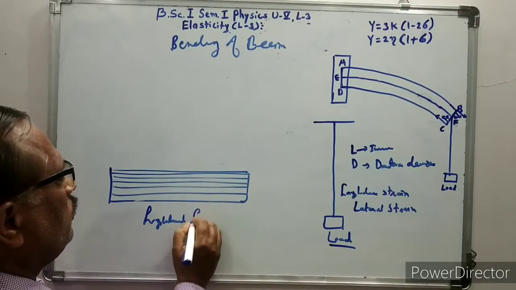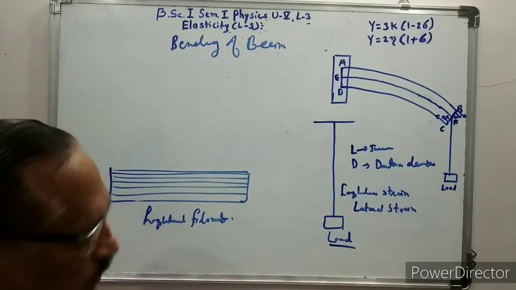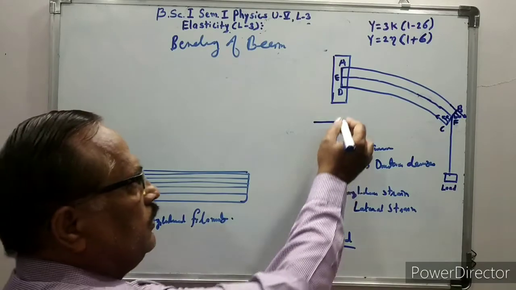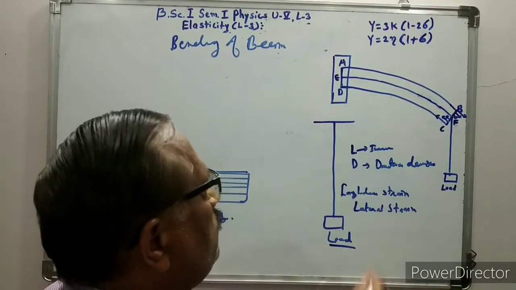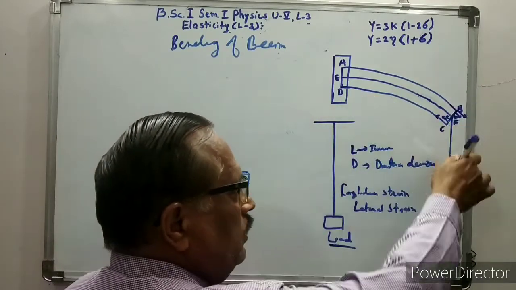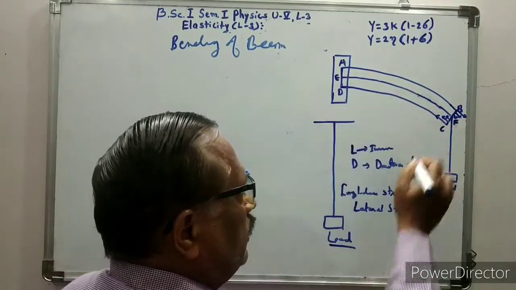Here ABCD is a beam which is fixed at one end and loaded at the other end. Bending takes place in this manner.